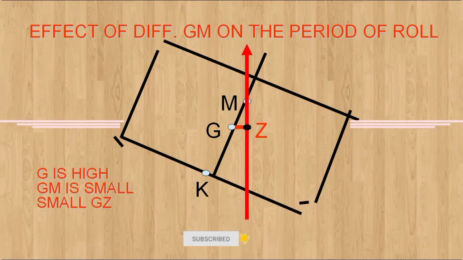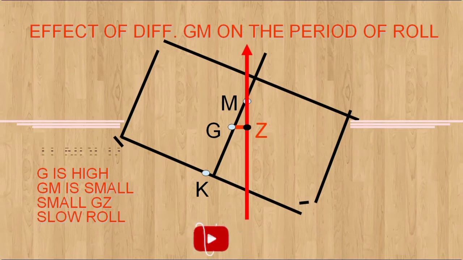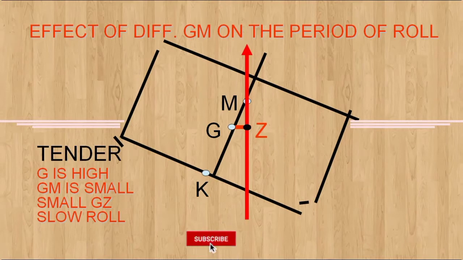Therefore, if we have a small GM, then we will also have a small GZ. And the rule of thumb is if we have a large KG and small GM, we will have a slow roll or slow rolling period. And we call this one tender. So we have a tender ship if that is the case.